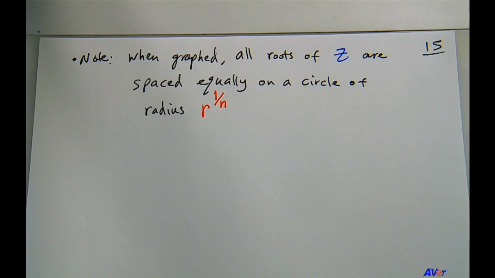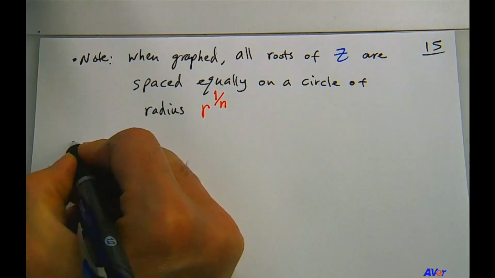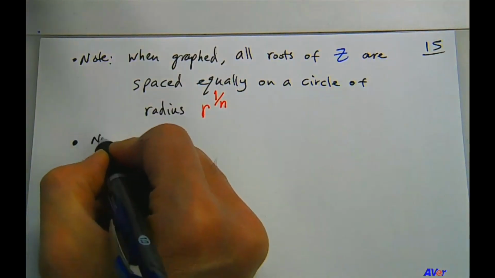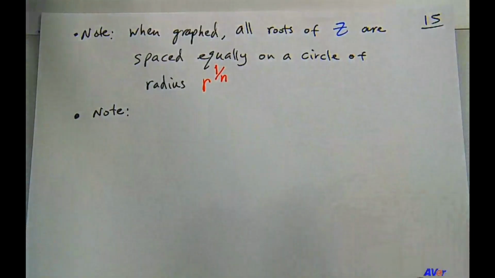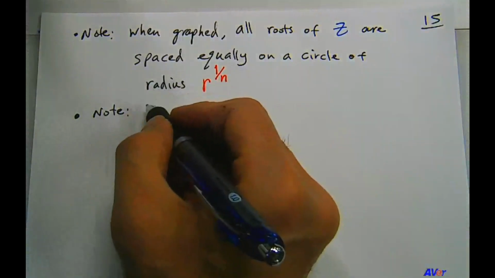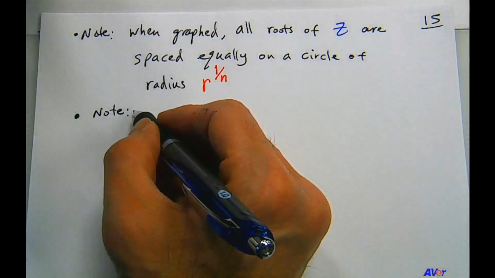Okay, so I guess this next note is kind of obvious once you get to use the formulas, but I think it's better for you to have it in these notes rather than not have it.